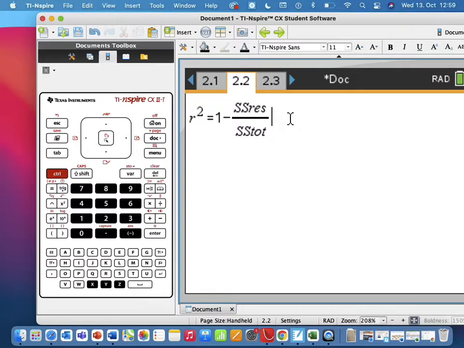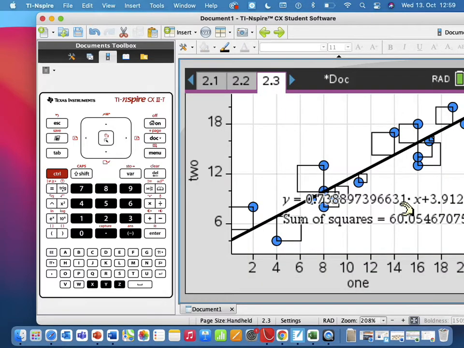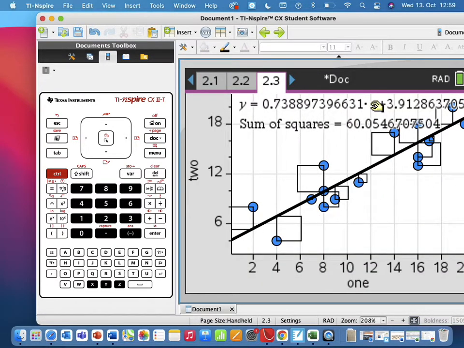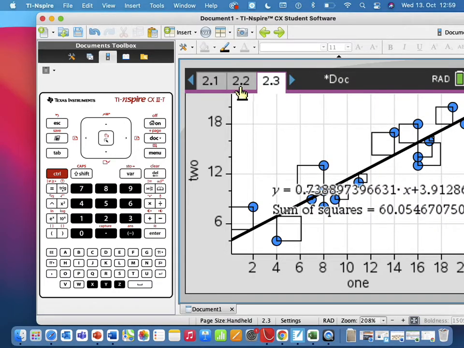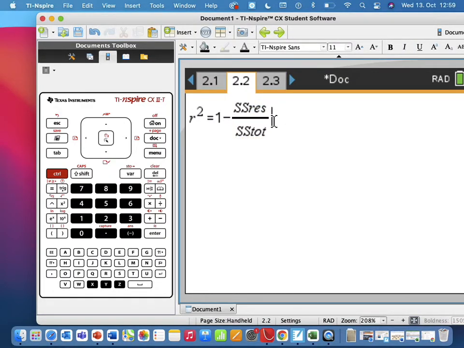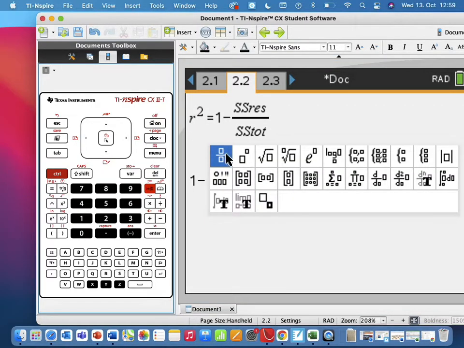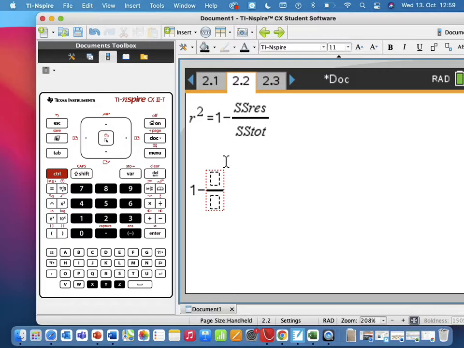Now, in this situation, our SSres, the sum of square residuals, is in fact this 60.05. So the formula here would need to be 1 minus 60.05. But then we now need the SStot.